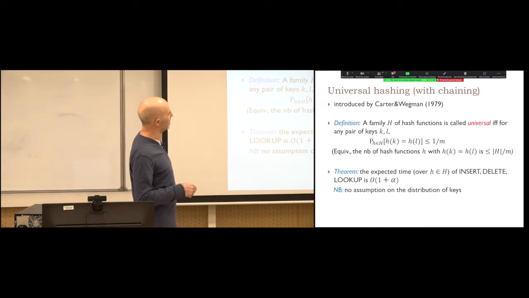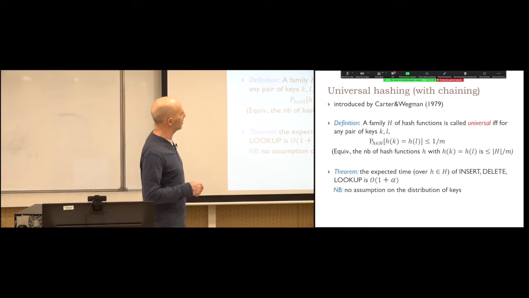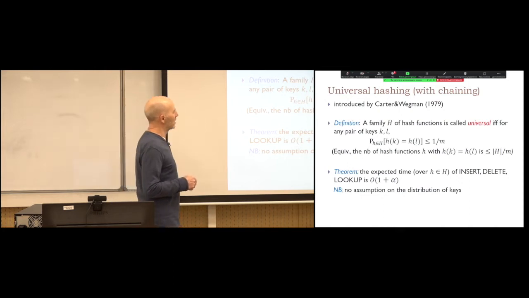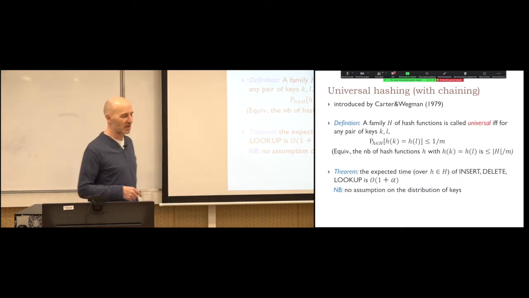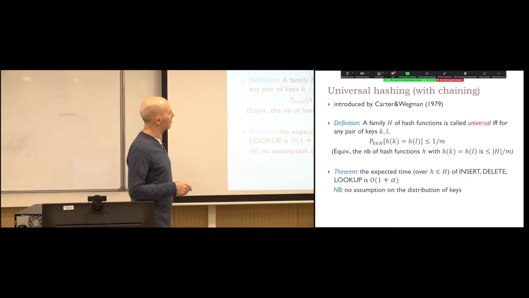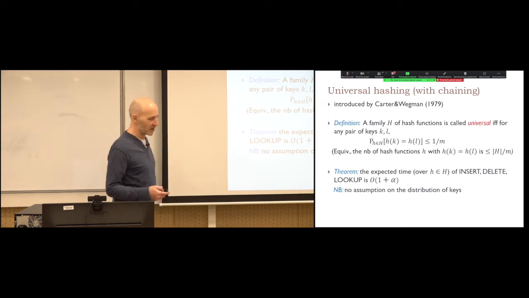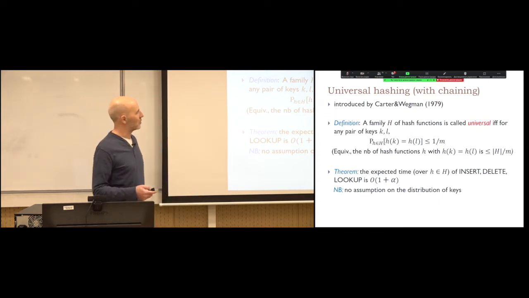This looks like the uniform hashing hypothesis that I mentioned at the beginning, but it's very different because here we have a probabilistic space, which is H. The probability is taken over it, and this is maybe the guiding idea of other hashing applications that I will show later.